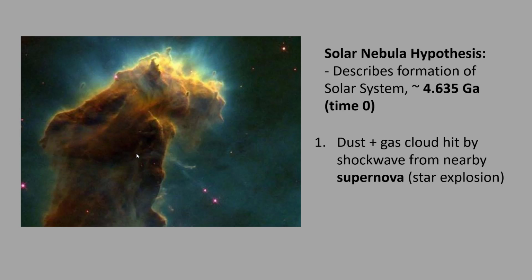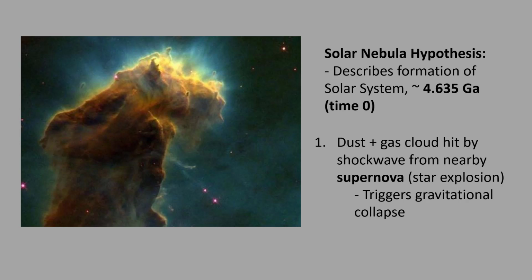So when this disorganized cloud of dust and gas was hit with some energy, we know that particles that are at rest will stay at rest until something moves them, and particles that are in motion will stay in motion until a force counteracts them. So the energy from this wave triggered these particles to go into motion.